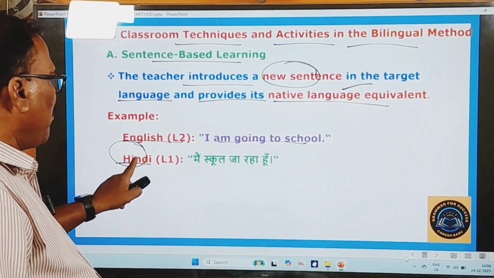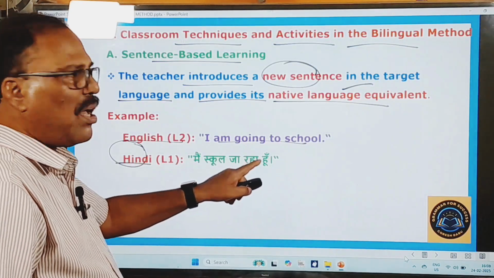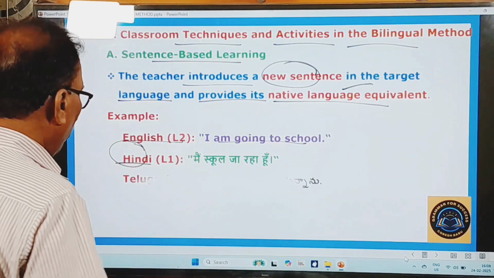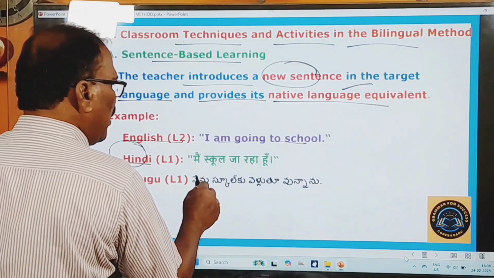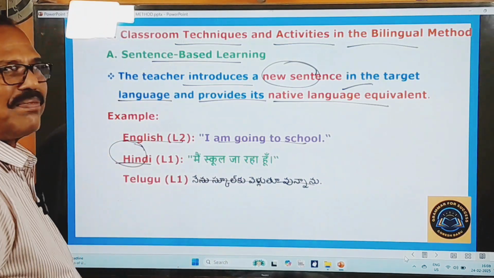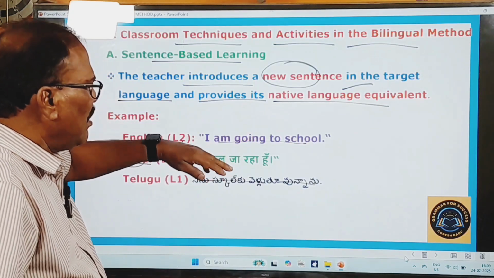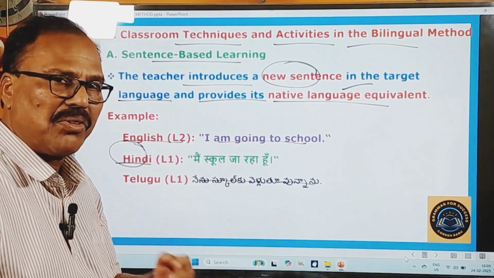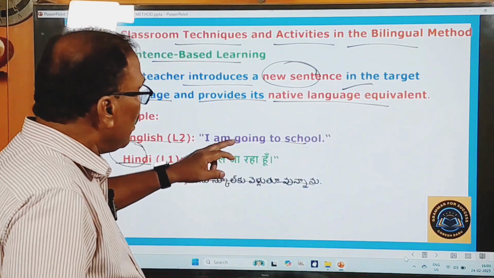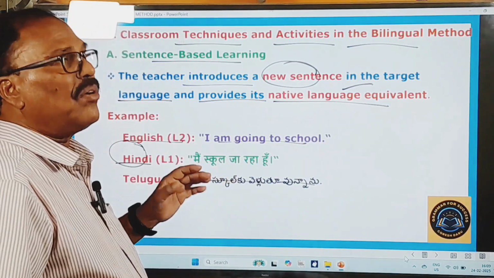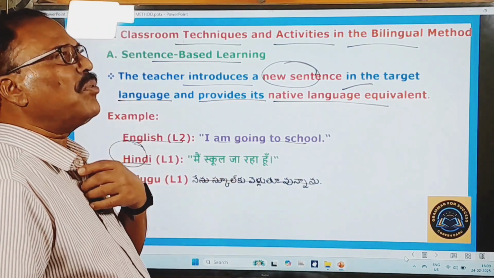For Telugu people, Telugu is L1: "Nenu school ku veltu unnanu." So one English sentence is given and its meaning in the native language is given side by side. Then the students can learn these two things very easily. I am going to school means nenu school ku veltu unnanu.